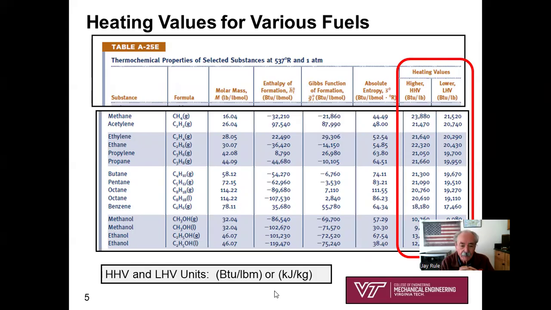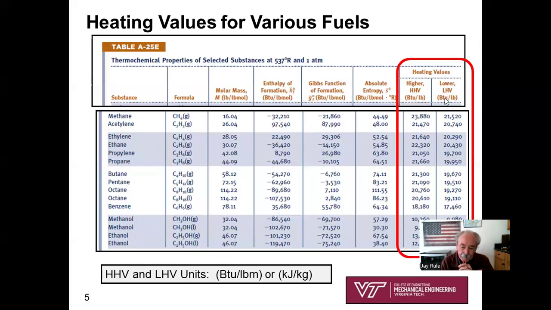If you go to table A25E, or A25 for the SI units, you will find a handy column for these fuels called higher heating value and lower heating value in BTUs per pound mass.